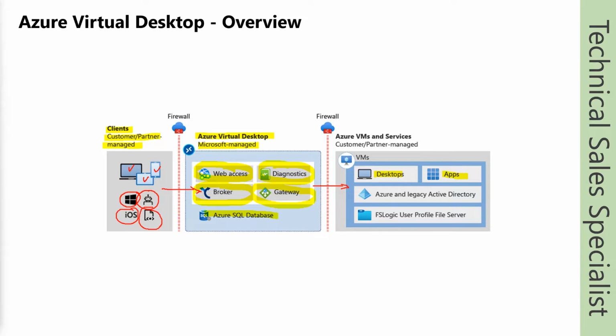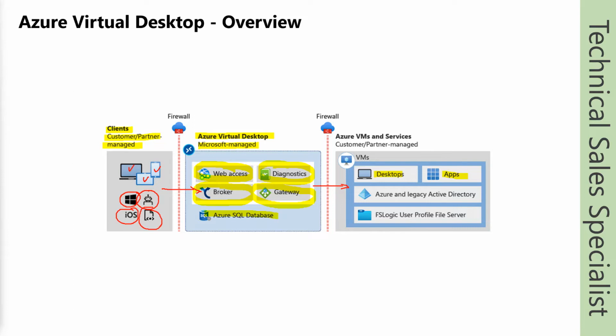Maybe you have heard about Windows 365. Windows 365 is, from the technology perspective, based on Azure Virtual Desktop, but it only provides dedicated virtual desktops per user. Here in Azure Virtual Desktop, we have the full flexibility. We can provide RDS session hosts based on Windows Server, which can be Windows Server 2022, 2019, 2016, and so on.